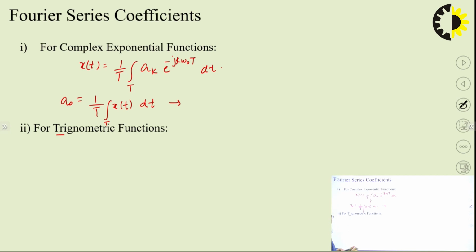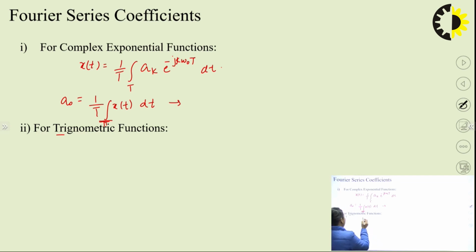I am talking only about k equals 0. This is known as the DC or constant term for the signal x(t).